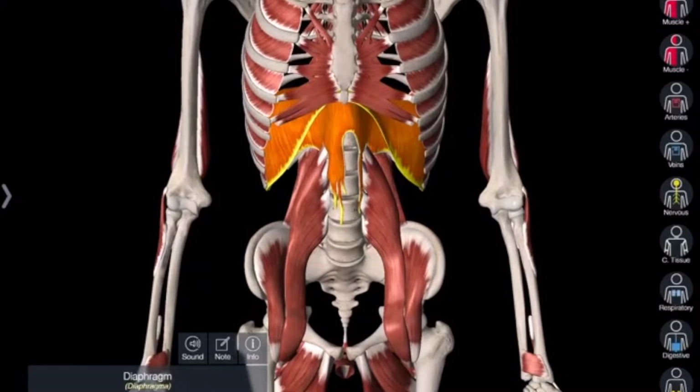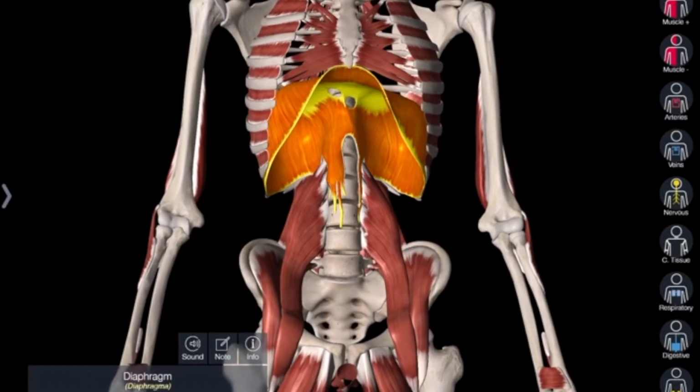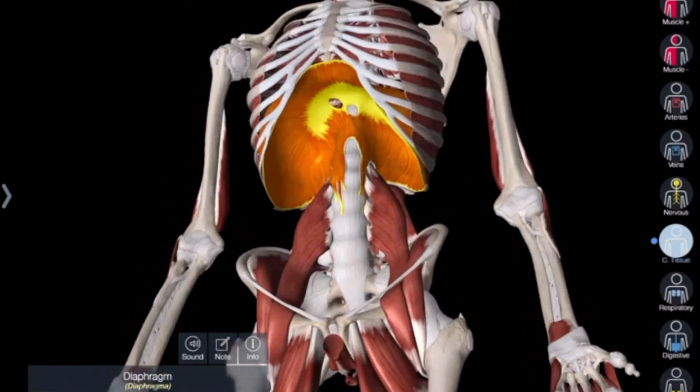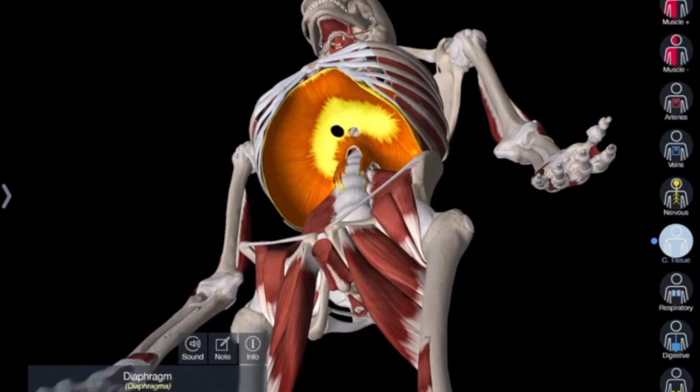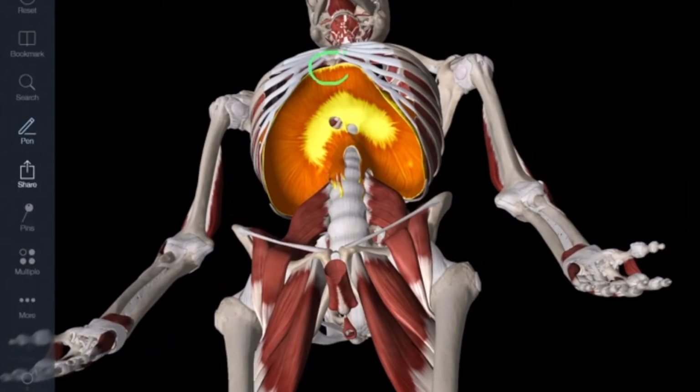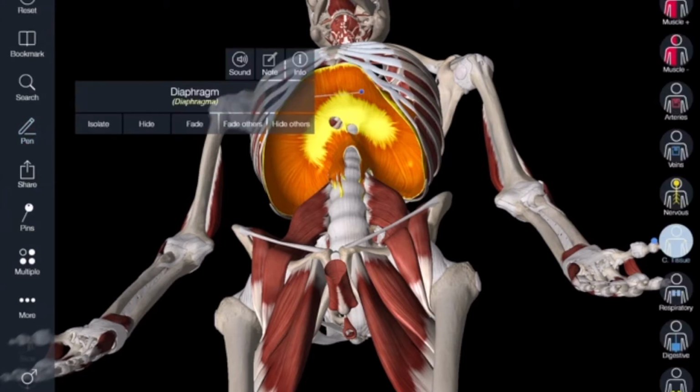Let's just look at it instead of getting all detailed. Let me add on connective tissue so we can see the costal cartilage. Okay, so we can see that it attaches to the xiphoid process, right? Can you see that? Let's get a pen out here. Right there, it attaches to the xiphoid process of the sternum.